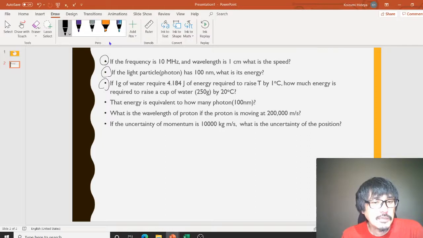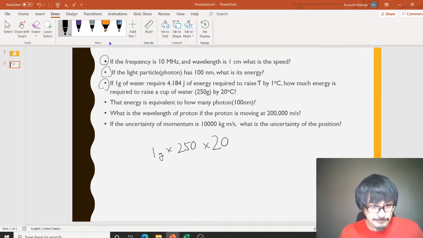So in other words, I have 1 gram of water, 250 units of those, and then I'm going to raise the temperature 1 degree per step, 20 times.